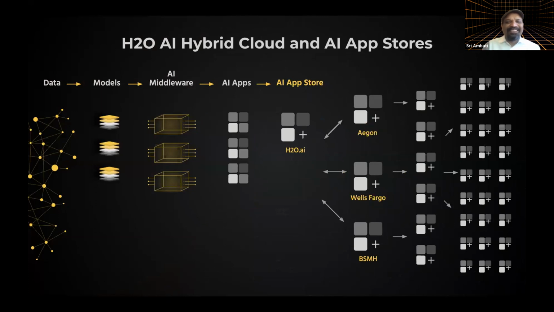Suffice to say, today we have a few great customers on stage who are going to talk about their experience: Aegon in insurance, Wells Fargo in finance, and BSMH in health.